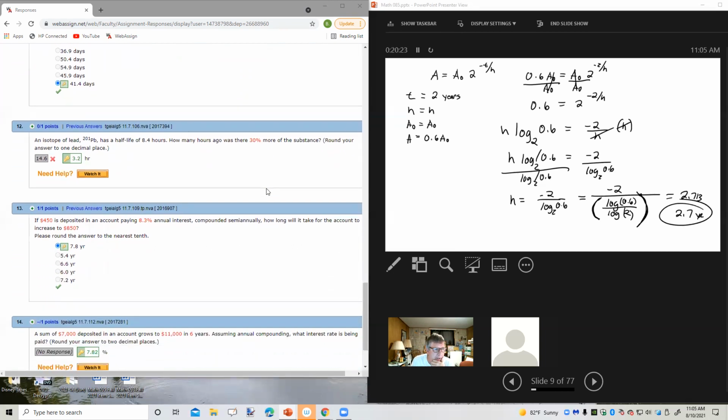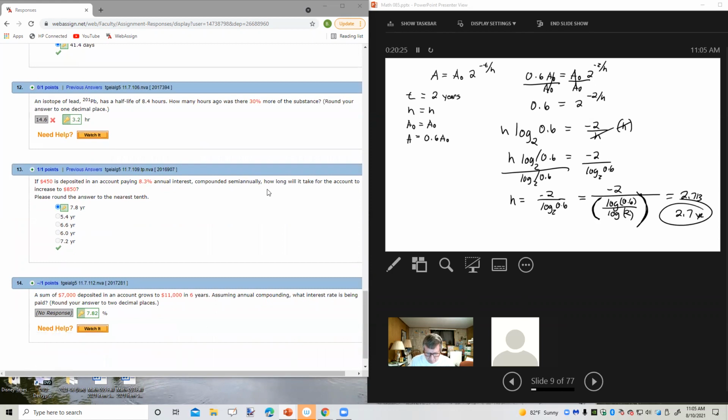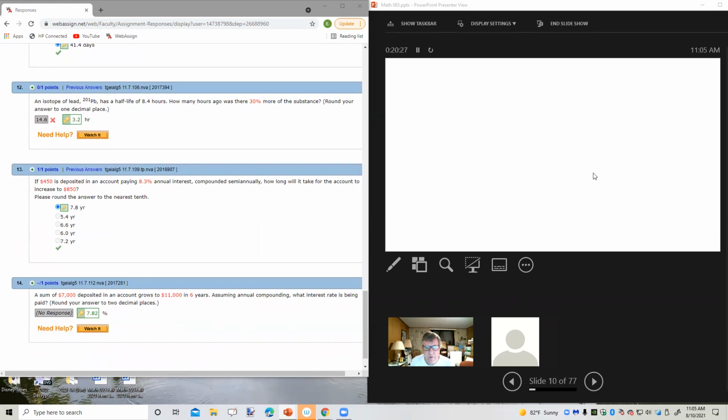Okay, we're going to now look at number 12. So an isotope of lead has a half-life of 8.4 hours. How many hours ago was there 30% more of the substance? Okay, so again, we're going to use the formula A equals A sub 0 times 2 to the negative T over H power.